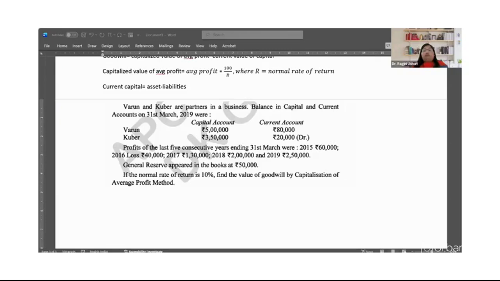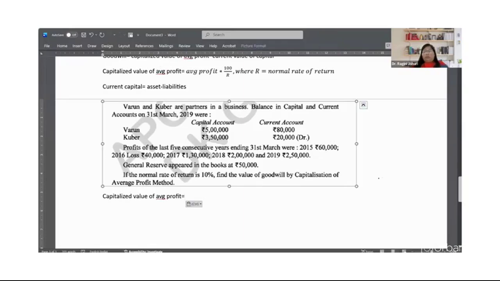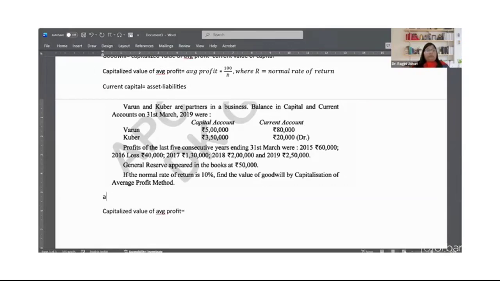So how do I find capitalized value of average profit? You need to have average profit. Profit of that year is 60,000. Then there is a loss of 40,000. So now let's find out the average profit first.